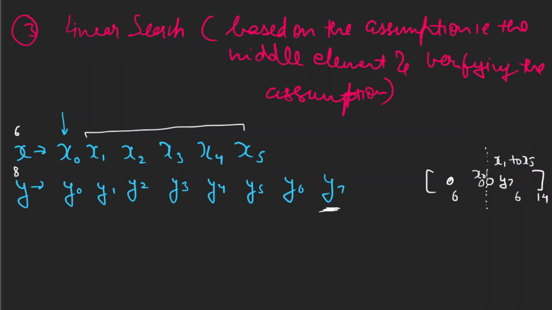But this is not done yet. So you have taken x here. Now we need another element, that is y6 as the middle one. So y6 will be the middle one, which means that you have taken 2 elements from y and 5 elements from x.